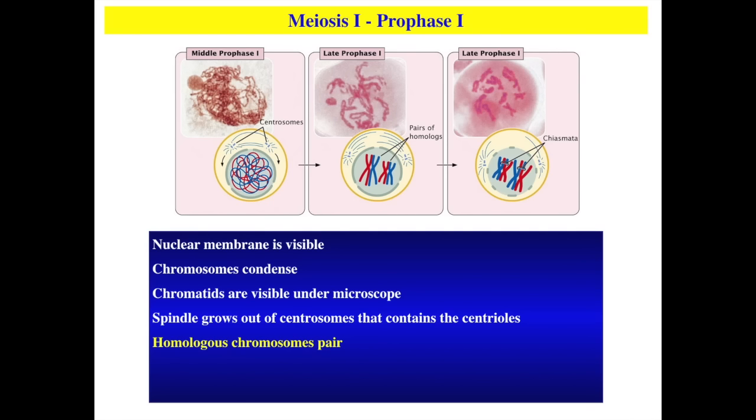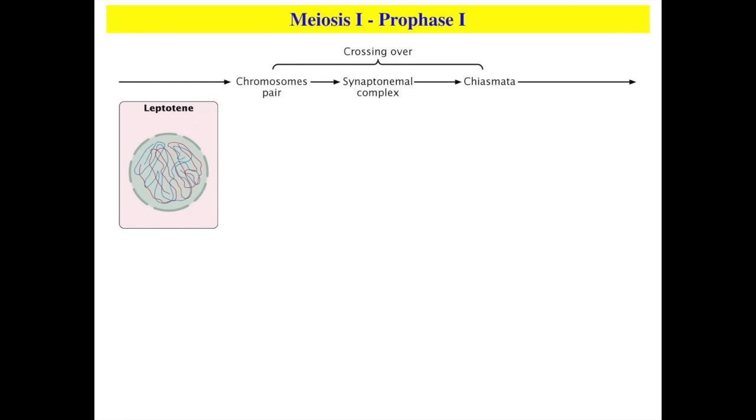During late prophase I, homologous chromosomes pair, crossing over occurs, and this is when recombination occurs, and then the nuclear membrane begins to break down. During prophase I, an important process occurs, and that is crossing over, or recombination of the chromosomes.